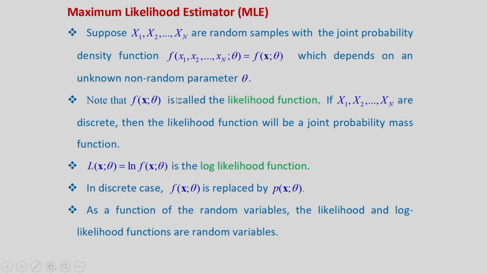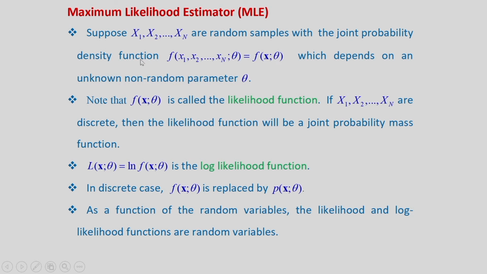Such a rule is the maximum likelihood estimator. Suppose x1, x2 up to xn are random samples with the joint probability density function f of x1, x2 up to xn as a function of theta, and this we write as f of x vector as a function of theta.